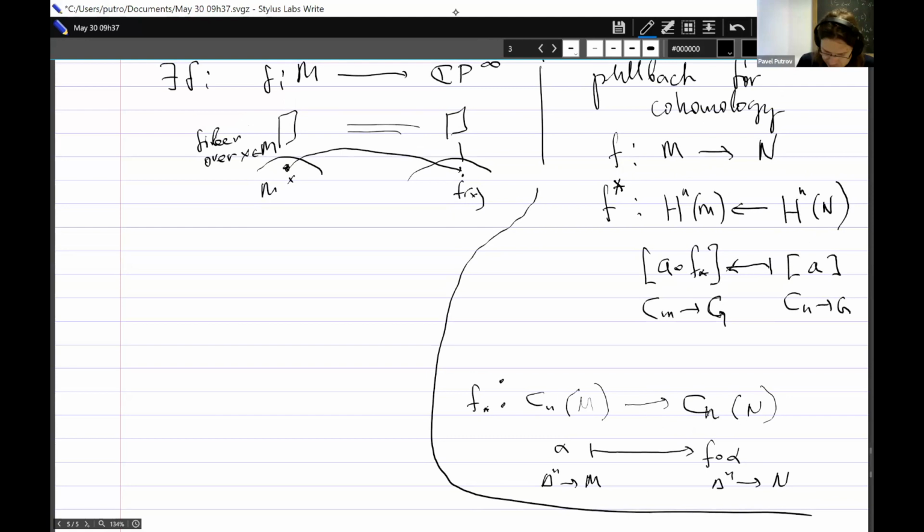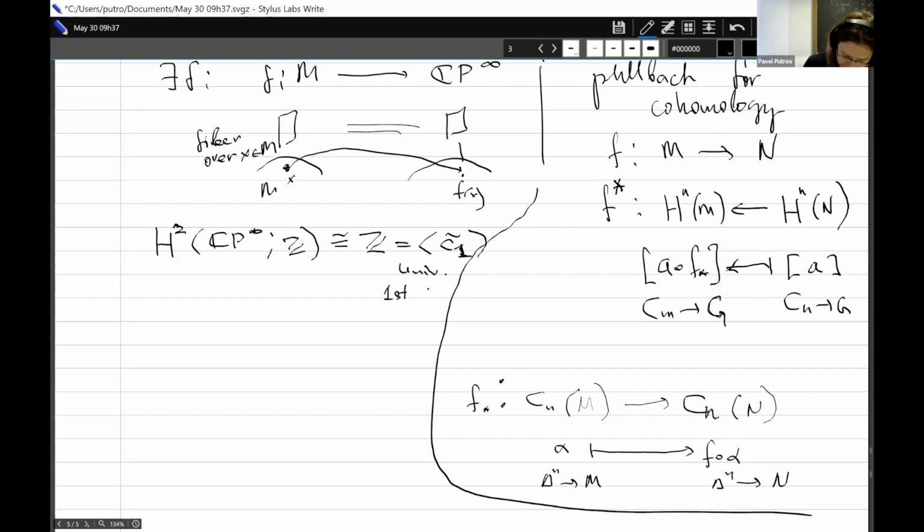And well, now there is a statement that the second cohomology of CP infinity with integer coefficients is Z, and this is generated by a class which can be called the universal first Chern class.